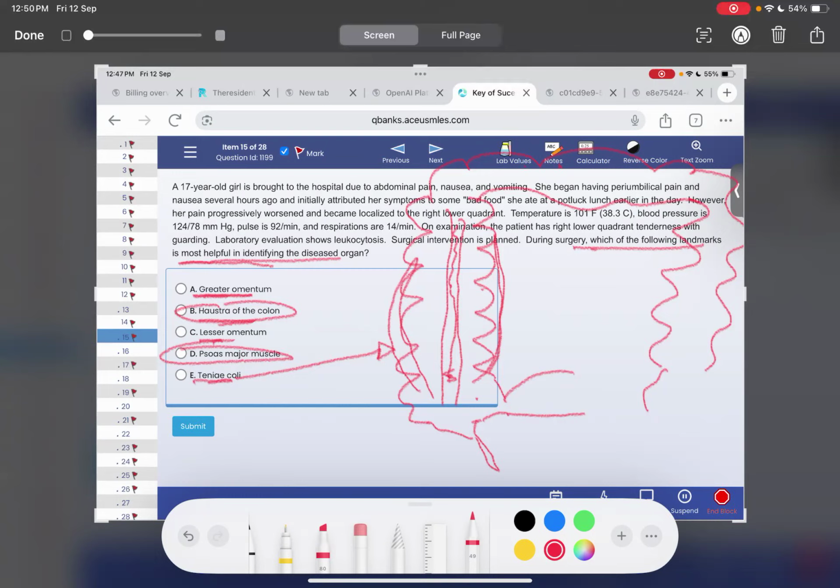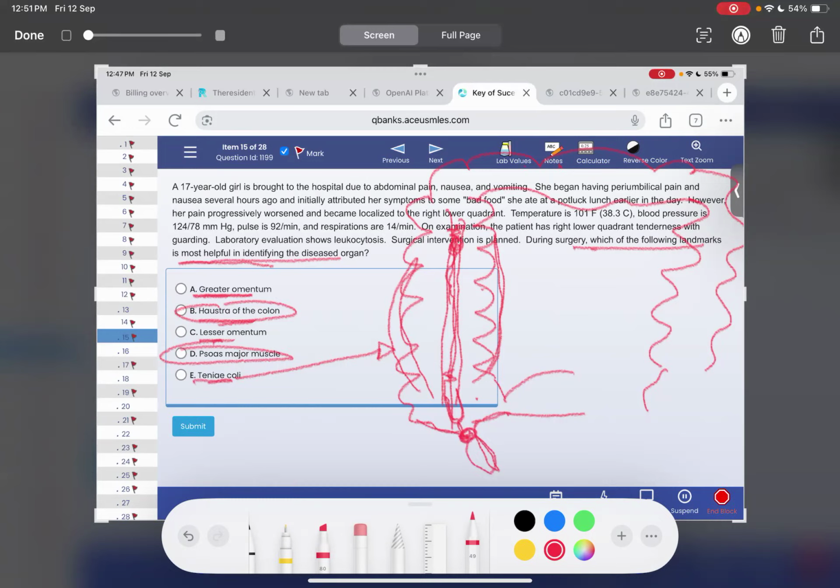So during appendectomy, if the appendix is not identified by palpation, then it is located through the tinea coli. Whenever you put a hand over here and go down, down, down toward the base of the cecum where there is no tinea coli, then come over here, there will be an inflamed appendix present over here.